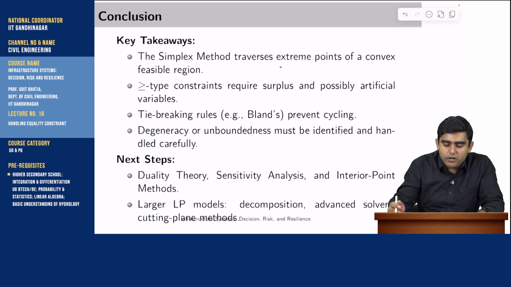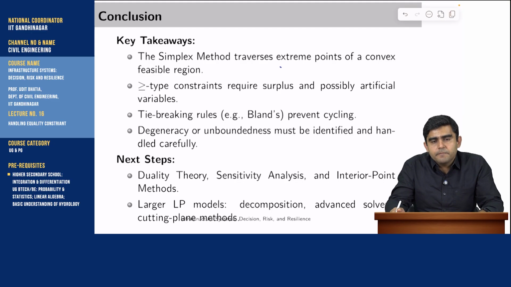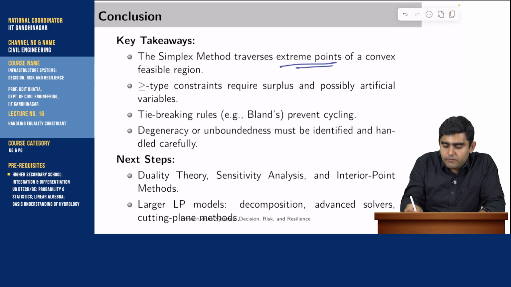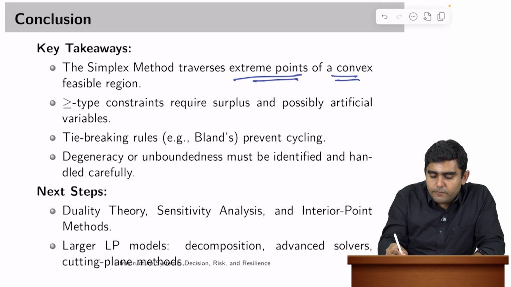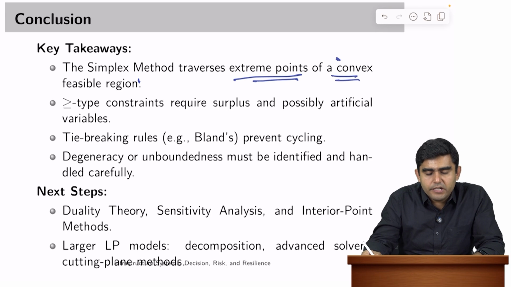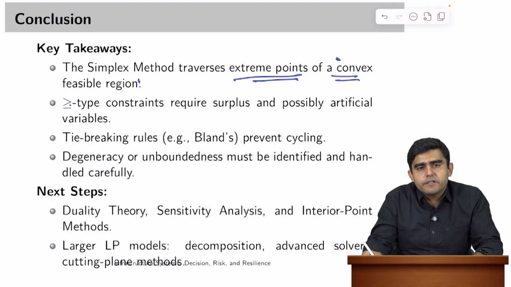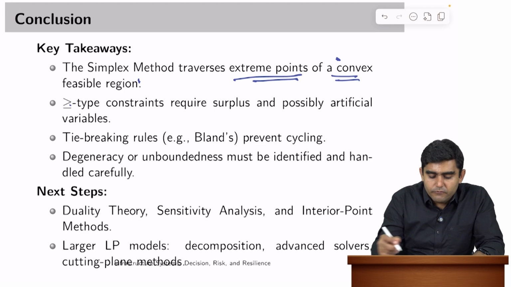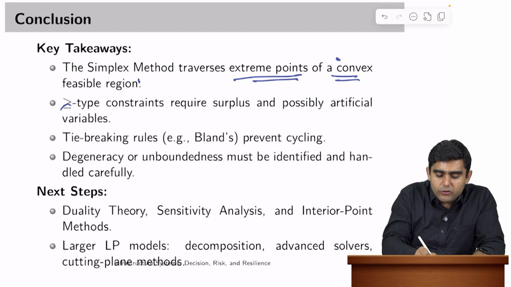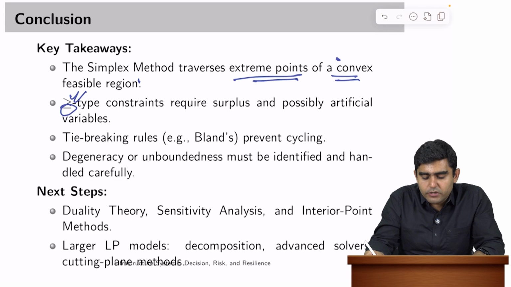The simplex method will always guarantee global optimality as it traverses from one extreme point of a convex feasible region to another, and whenever we are dealing with convex feasible regions, our local maxima or minima is guaranteed to be the global maxima or minima.